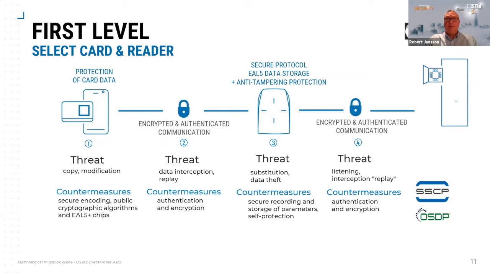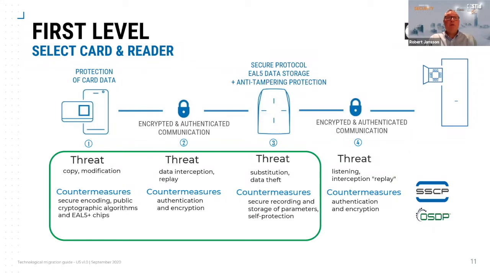There are different threats to the media, to the readers, and also to the transition of the vital information, that is your identity in this case, from the card to the reader and from the reader up to your system. And the countermeasures are all there. So come back to us and we will go through those in the next sessions when we come to DESFire and also to mobile phone usage here. But we're going to look a little bit at this under the threats of the card, the transition, and the reader itself.